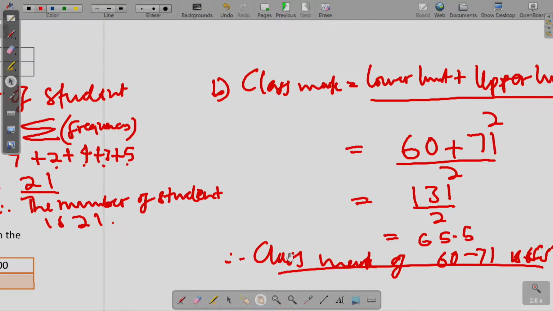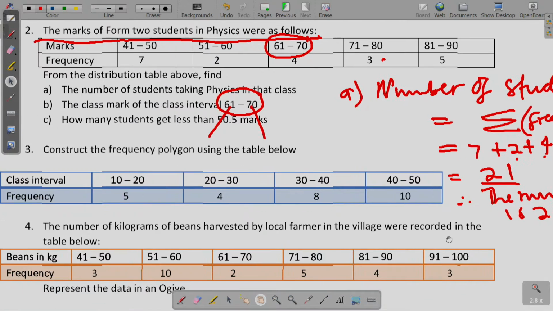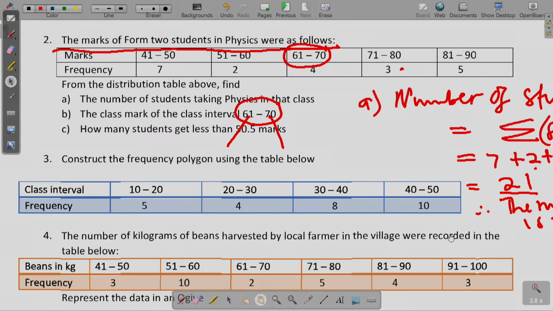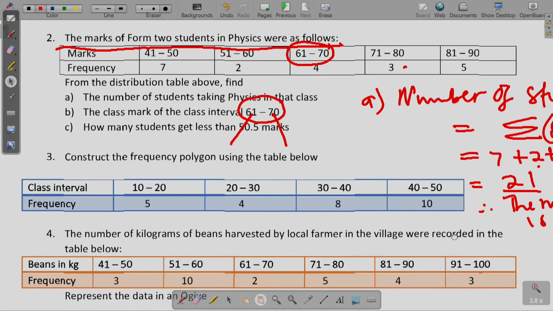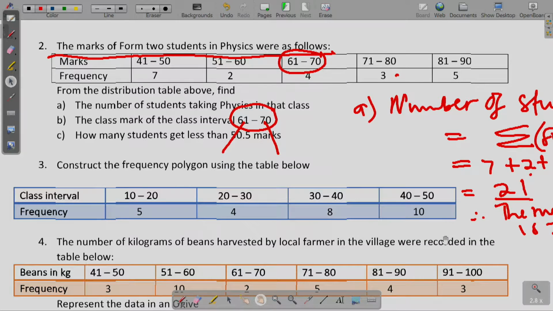And question C: how many students get less than 50.5 marks? So here we have the students who get 41 up to 50, and here you have the students who get 51 up to 60.